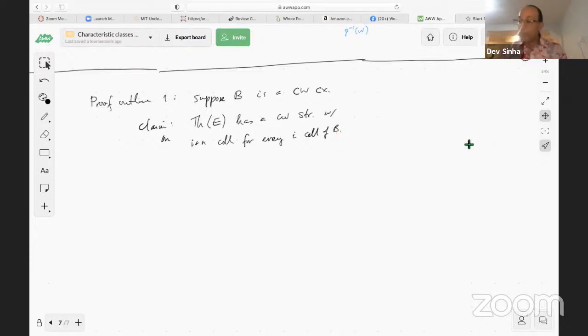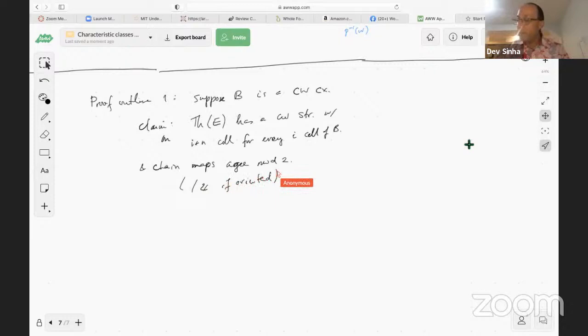and if it's oriented, the cellular chain maps agree mod 2, or over Z if oriented.